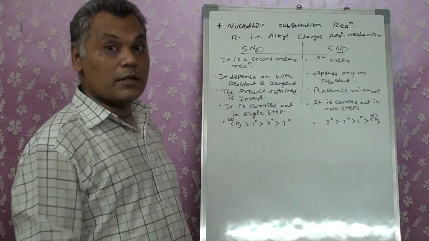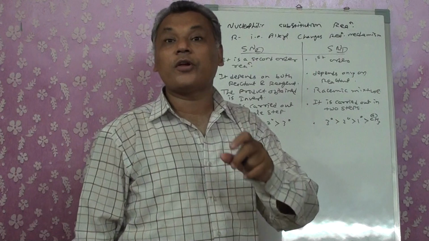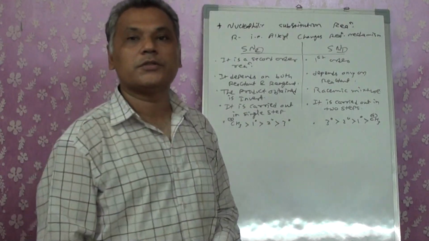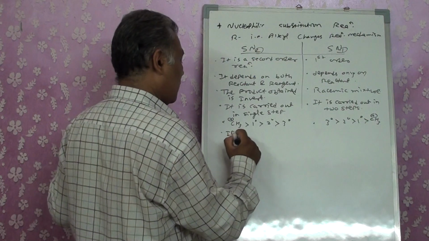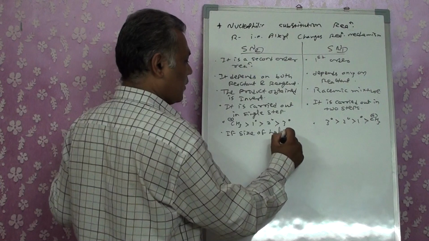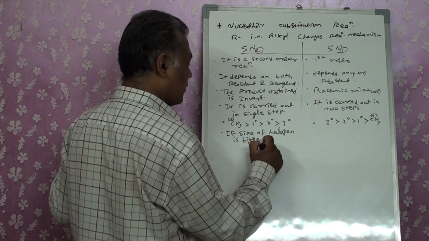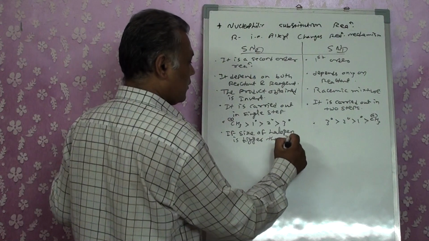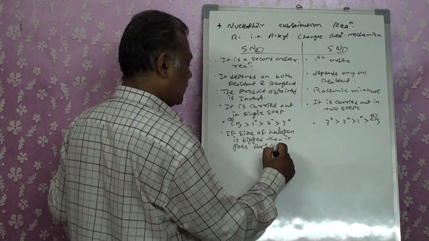Now, other than the alkyl group, SN1, SN2 are also affected by the size of the halogens. They are affected by the size. If the size of the halogen is bigger, then it goes for SN2.